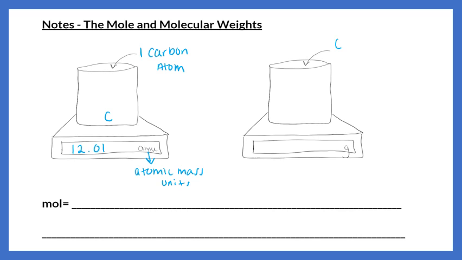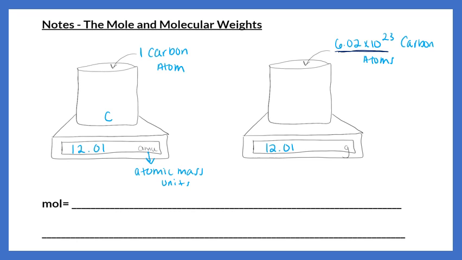But let's say I was to take 6.02 times 10 to the 23rd carbon atoms. Interestingly enough, that would weigh 12.01 grams. And this is where the mole comes from. This is where this number comes from.